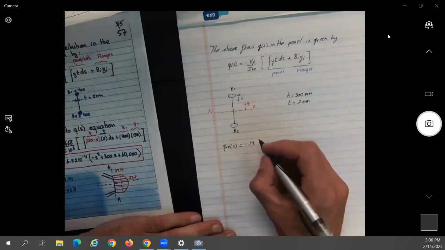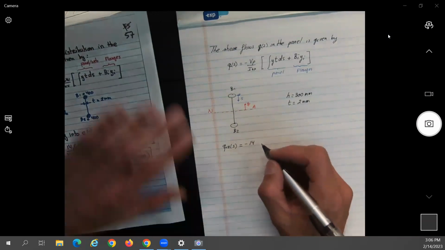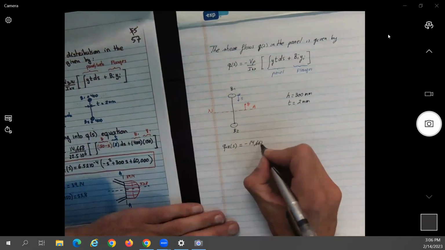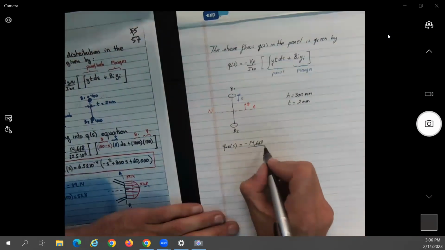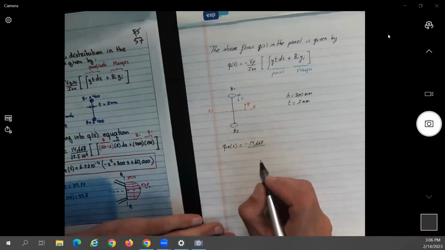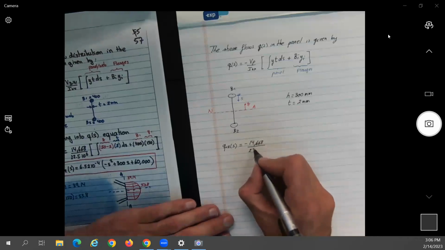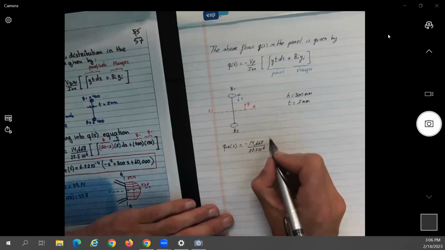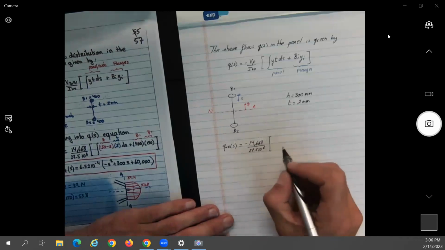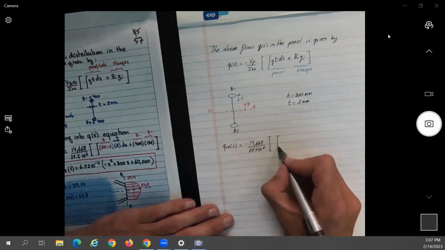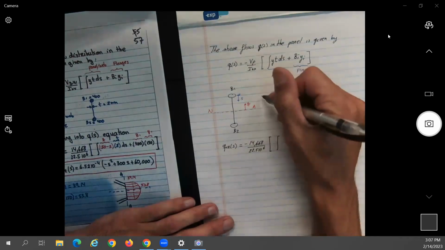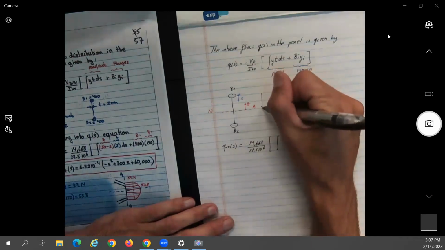That's not that important, the direction, we can change it, but how much was this? 14,668 divided by IXX, which is 22.15 to the 6 times integral.